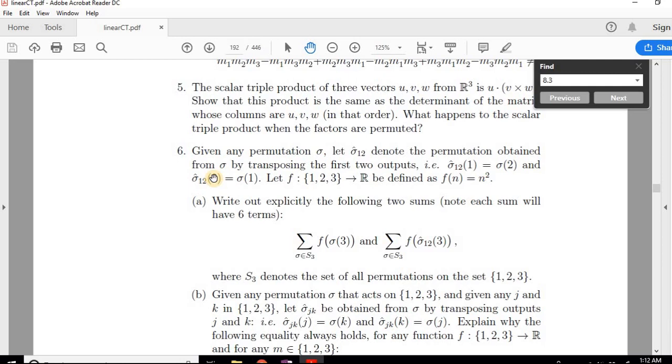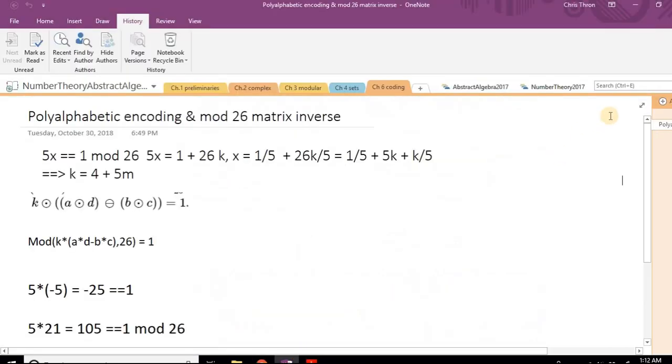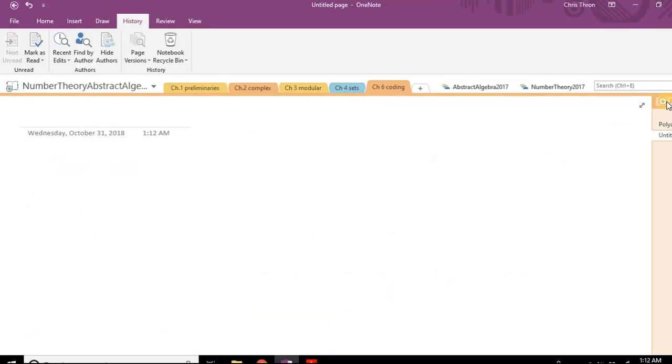let's give an example just to see what's going on. Right. So, you can just define sigma using the tableau form.